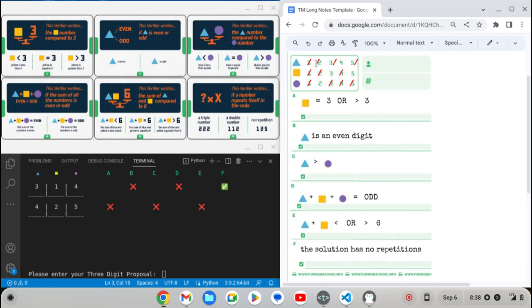Remember, no repeating digits. Okay, and so let's take a look at the square. We still have square to be equal to 3 or greater than 3, but we also can't have a sum that's less than 6 because of 4, that's already going to be greater.